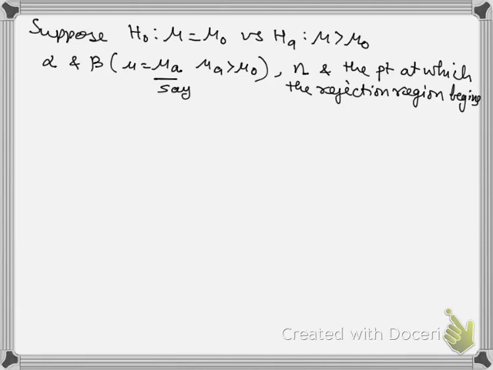Those are the four things, remember, that you can play around with to get an optimal test. So basically we have alpha and beta known, and n and k unknown. So we can solve them simultaneously to find n.